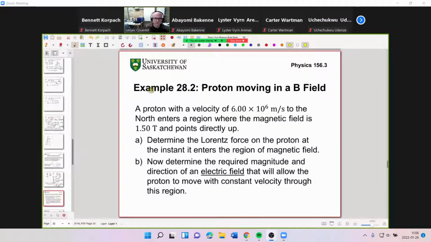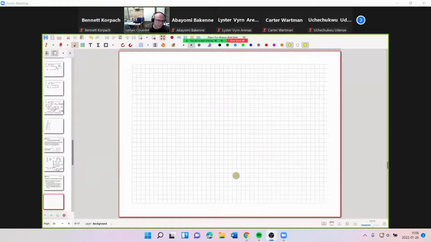The first given, it's a proton. The second given is a velocity, 6 10 to the 6 meter per second to the north. And the third given is magnetic field 1.5 Tesla pointing up. Those are the important given of the exercise. So we will use them to solve the question.